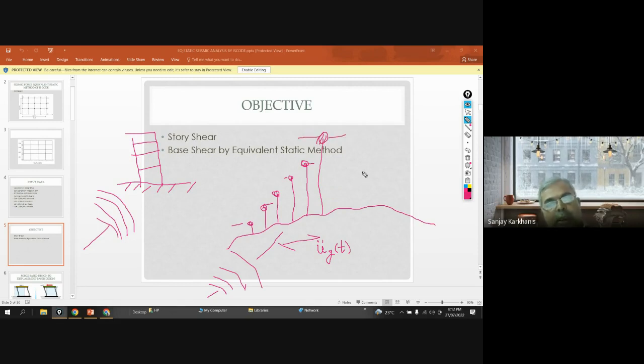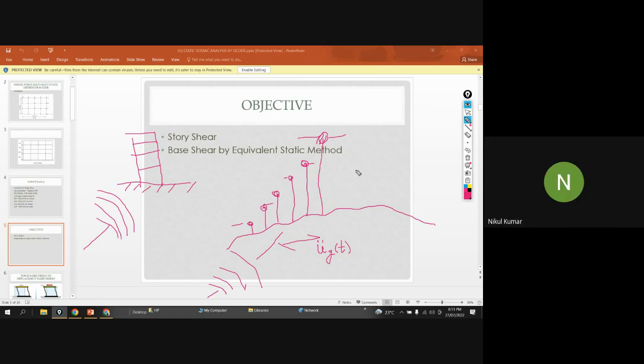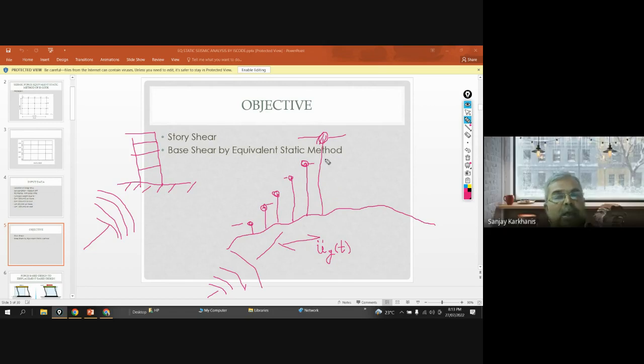Yes, ऐसा हो सकता है ना, because at any time one building may vibrate to the left, another building may vibrate to the right, and with different deformation. क्या सारे बिल्डिंग का एक ही डिफॉर्मेशन होगा? नहीं सर, डिफरेंट होगा.